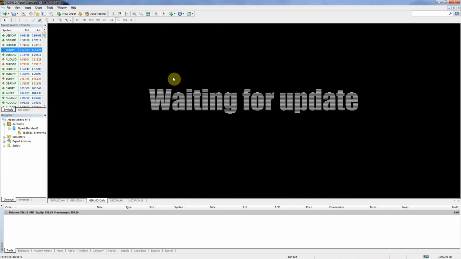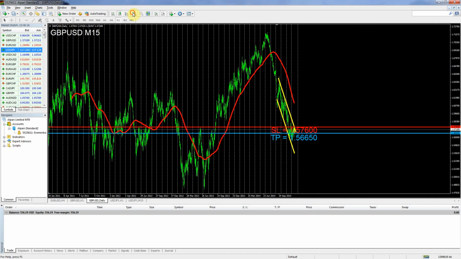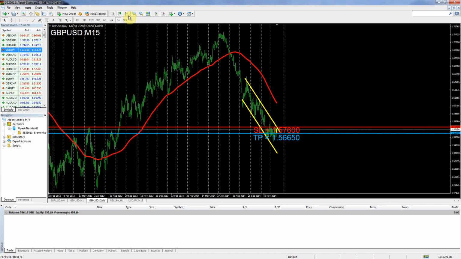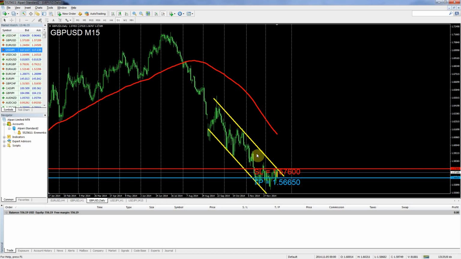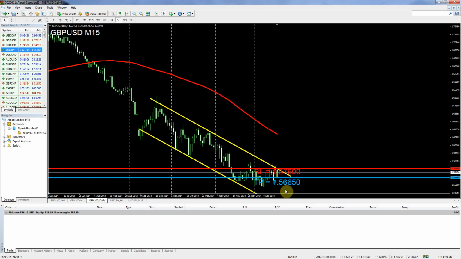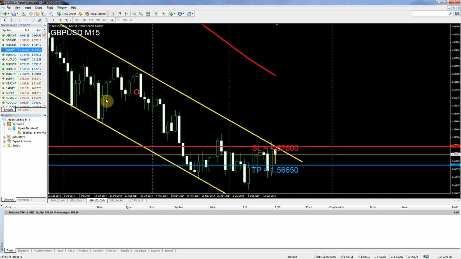So I'm actually going to go to the daily chart over here. Now if I zoom back in, you can see that the British pound dollar is in a downward trend, and I've even highlighted this channel over here. So just ignore the moving average for now because it's a different moving average on a different time frame. On the daily time frame, you can see that the price is in a downward trend, and I've highlighted this channel that the price is currently in.